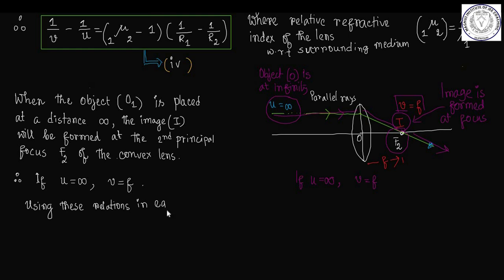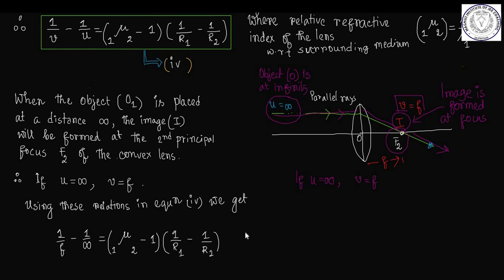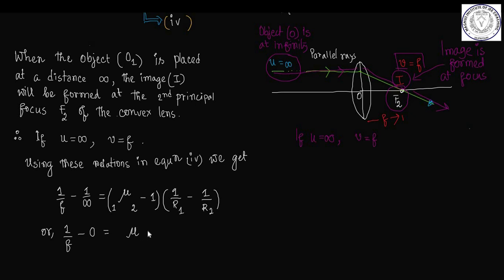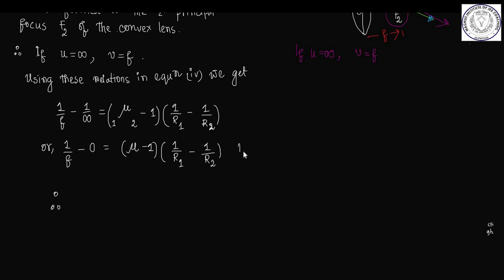Using these relations in equation 4, we get 1 by f minus 1 by infinity is equal to (1μ2 minus 1) into (1 by r1 minus 1 by r2). Or, 1 by f minus 0 is equal to (mu minus 1) into (1 by r1 minus 1 by r2), where 1μ2 is equal to mu.